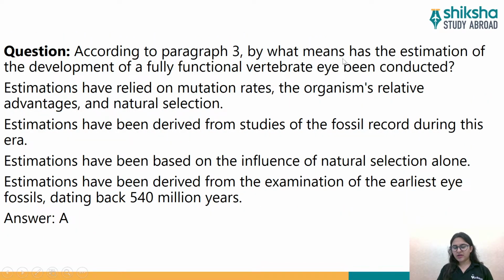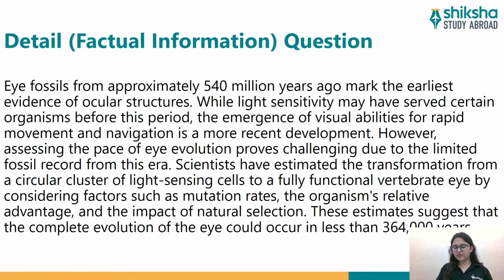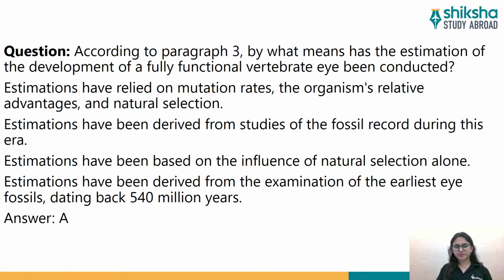According to paragraph 3, by what means can the estimation of the development of a fully functional vertebrate eye be conducted? This is the question, and these are the options. The sentences are starting with the word estimations, and the answer is A, the first option. You can read the passage and come back to this question and see how the answer is A. Basically, we have to find the facts which are related to this particular question.